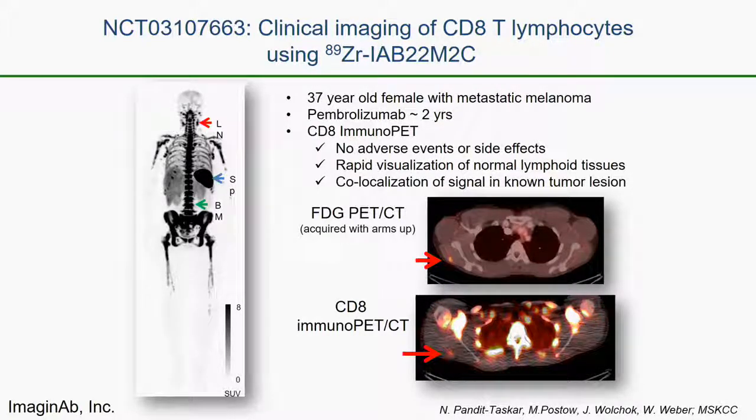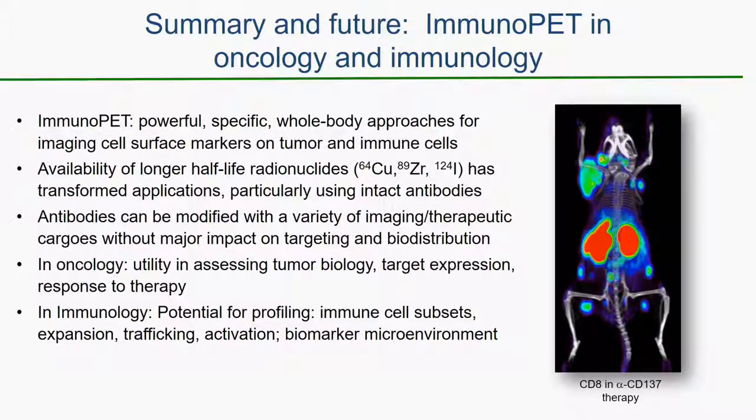And then if you look at the CD8 immunoPET, you can see in the same region you have co-localization of signal. So we believe that we're also able to image the CD8 T cells that are in the tumor of that patient that's undergoing immunotherapy.